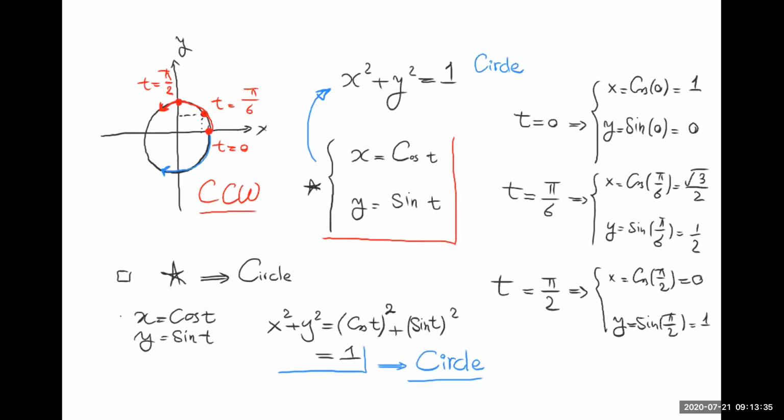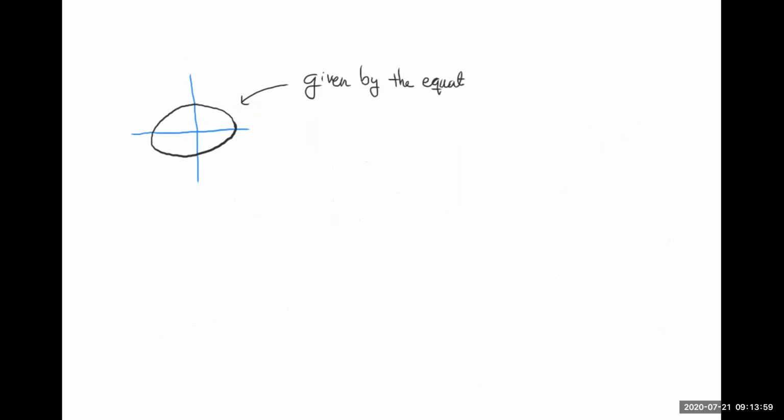For example, suppose rather than a circle, you have an ellipse like this, given by the equation x squared over 4 plus y squared equals 1.